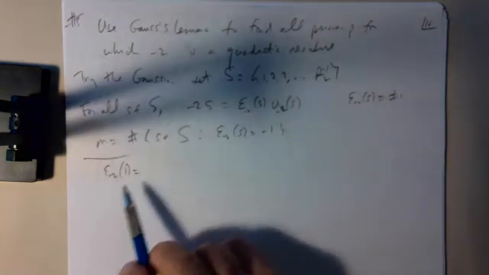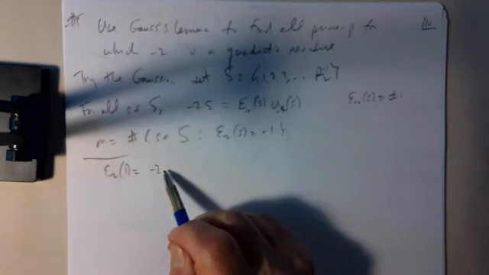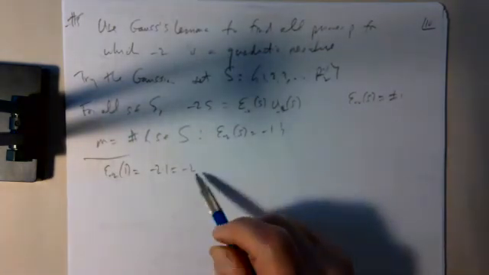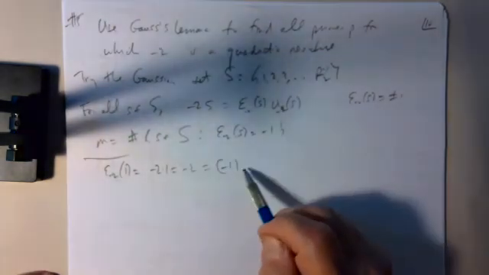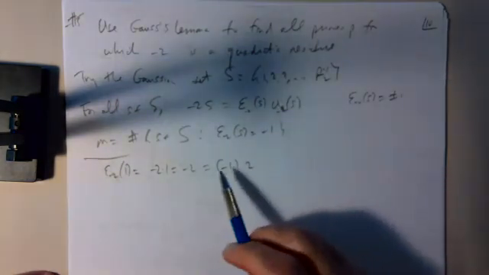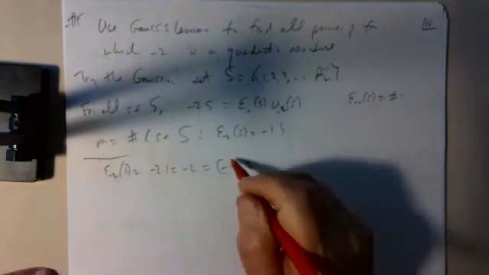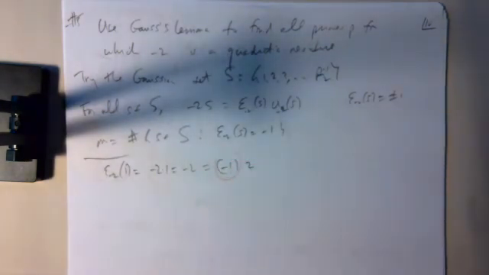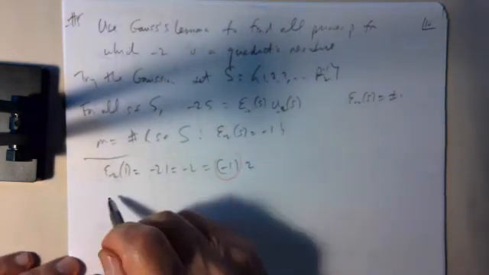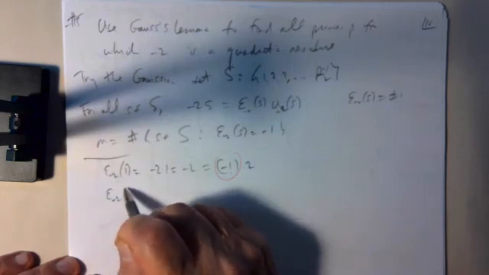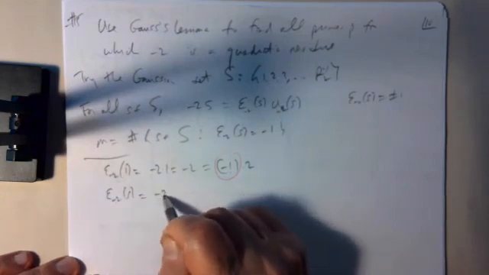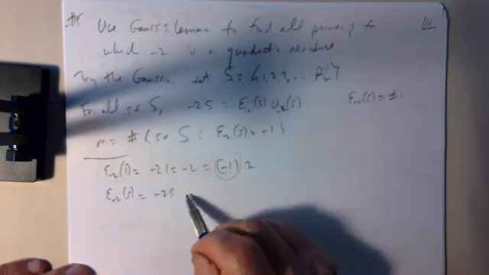That's -2 times 1, or -2. That's -1 times 2. So this epsilon in this case is -1. Epsilon -2 of the number s is -2s.